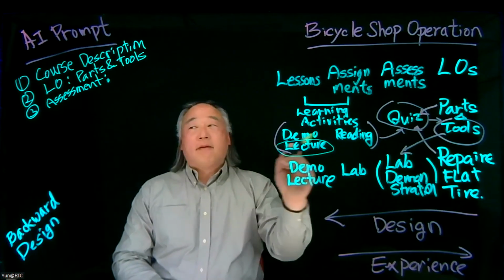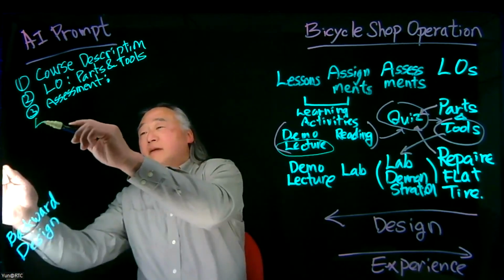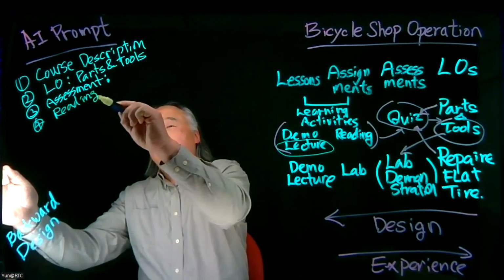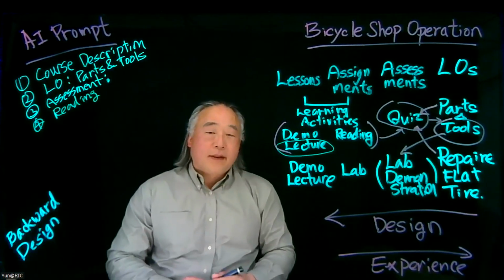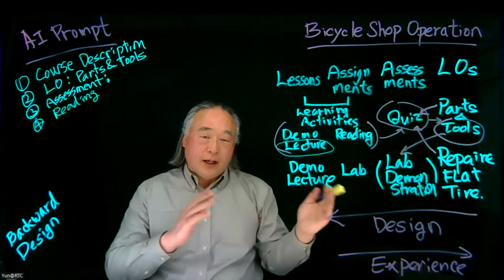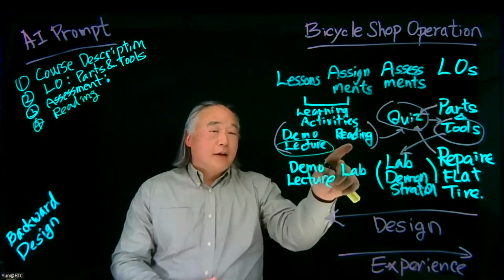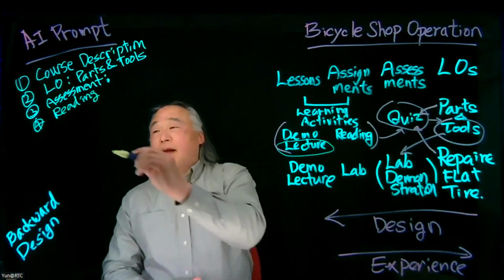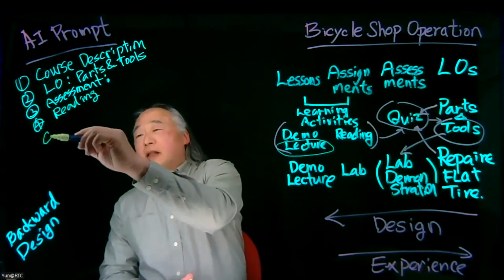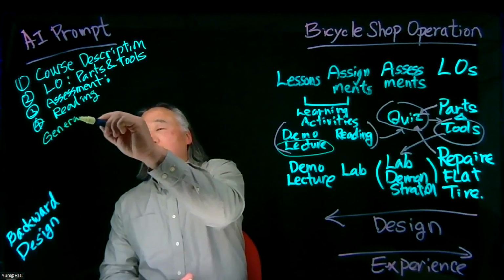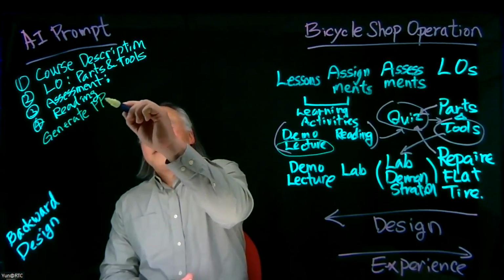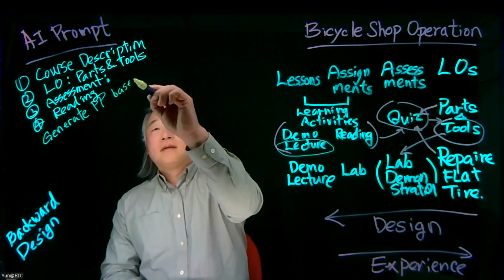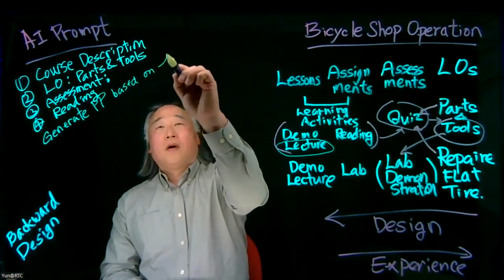And then if you have, let's say, reading assignments, maybe you can go to the chapter and then get a summary of the reading assignment chapter and put it in the prompt. And then you can say generate PowerPoint based on all this.